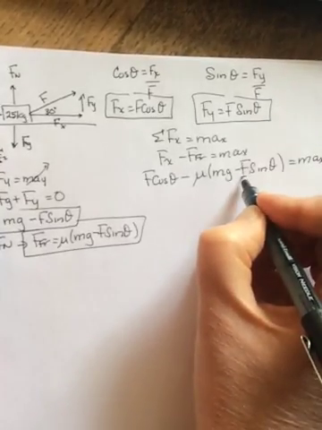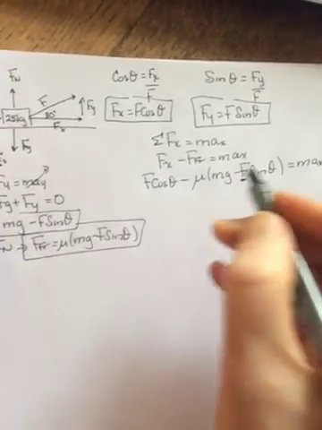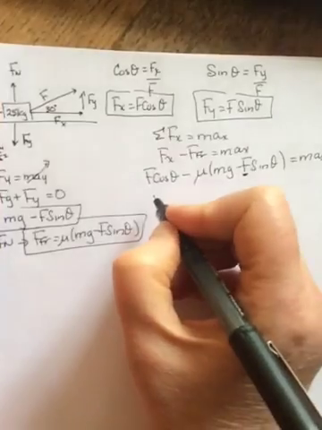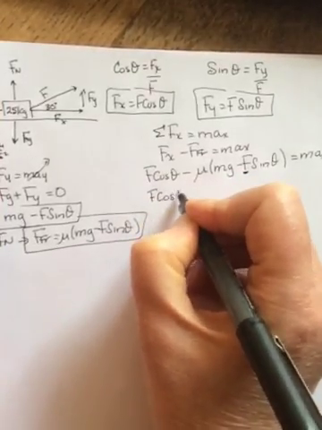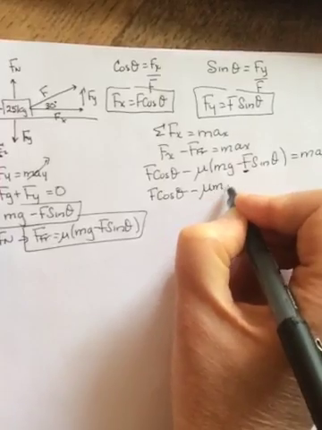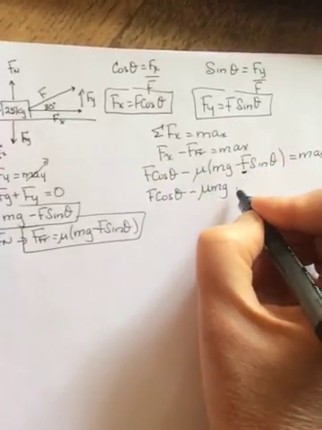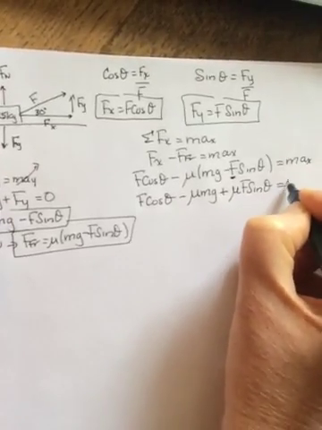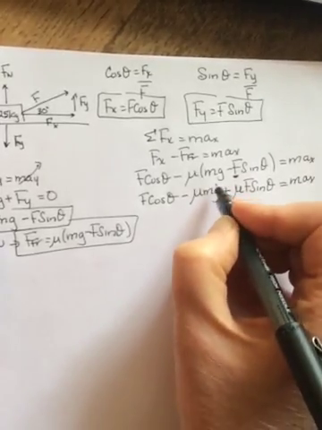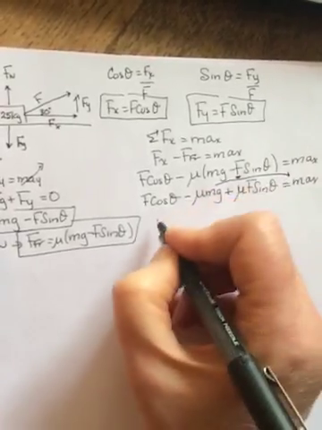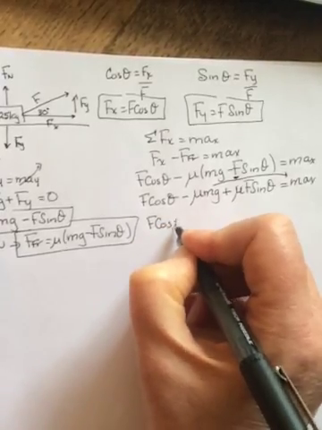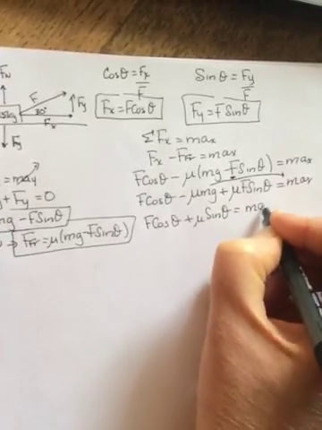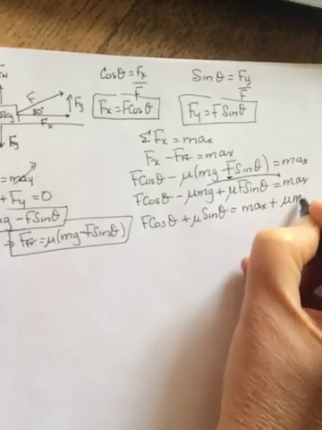So you're trying to solve for F, but there's an F stuck inside the brackets, so before you move anything across the equal sign, you need to multiply through by the mu. So F cos theta minus mu mg, and then minus mu times minus F sine theta, plus mu F sine theta is equal to max. Take your terms without F to the other side, leave your terms with F here, so F cos theta plus mu F sine theta is equal to max plus mu mg.